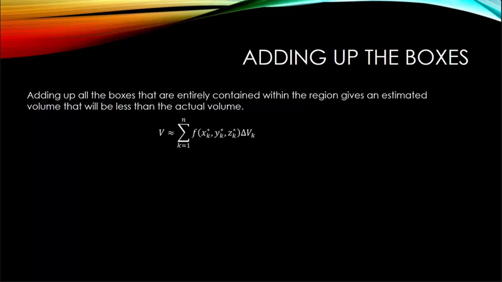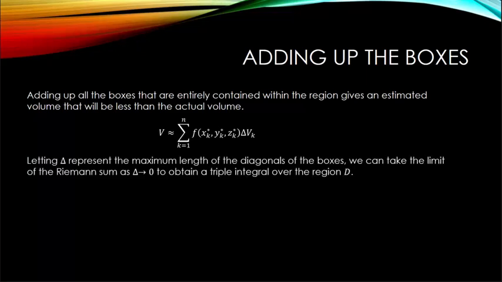This gives me an approximation for my volume of the sum from k equal 1 to n of f of x sub k star, y sub k star, z sub k star times delta v sub k. Now if I let delta represent the maximum length of the diagonals of the boxes, we can take the limit of the Riemann sum as delta goes to 0 to obtain a triple integral over the region D.